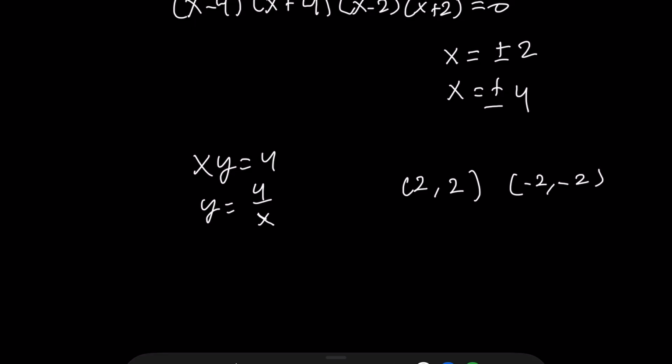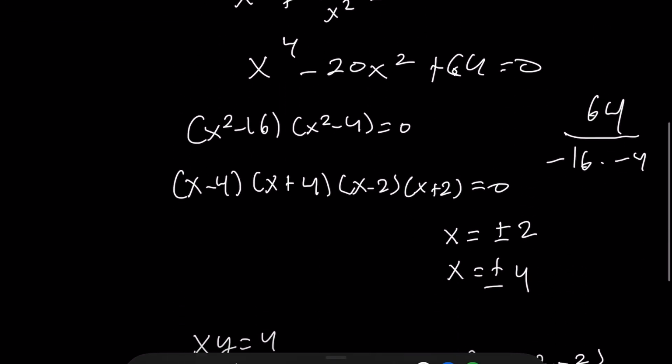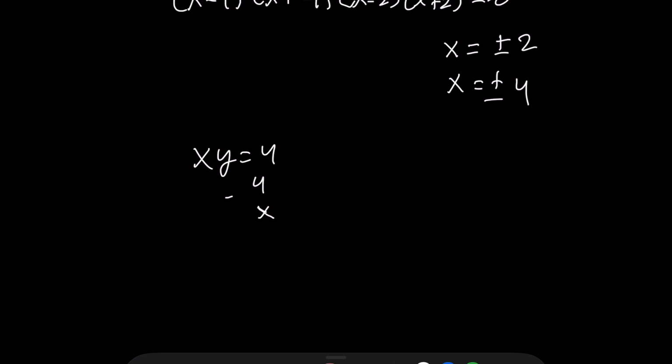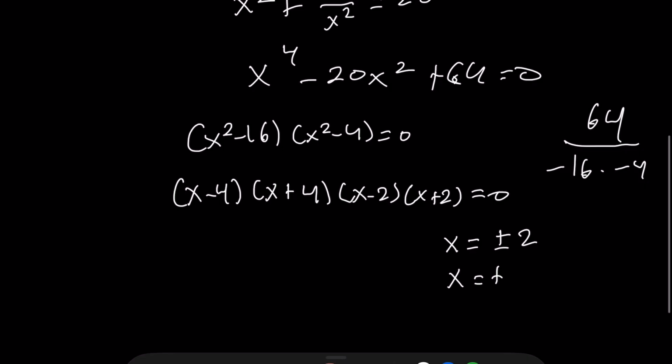Plugging in negative 2, that should give us negative 2. Plugging in 4 should give us 1. Plugging in negative 4 should give us negative 1. And these are the 4 answers to our system of equations. I know it gets a little bit ugly, but all it is is just using all your algebra skills and putting it together.